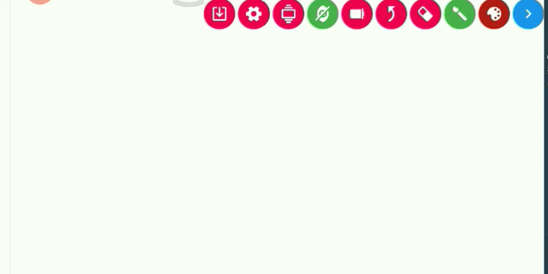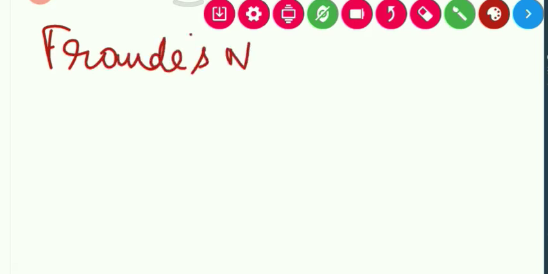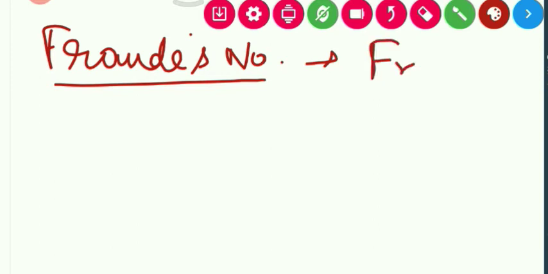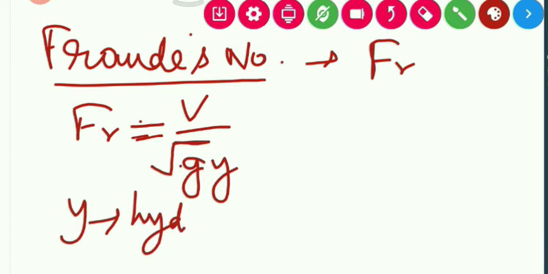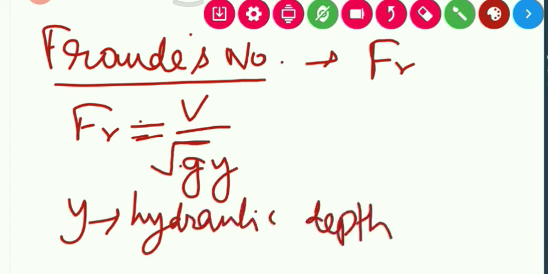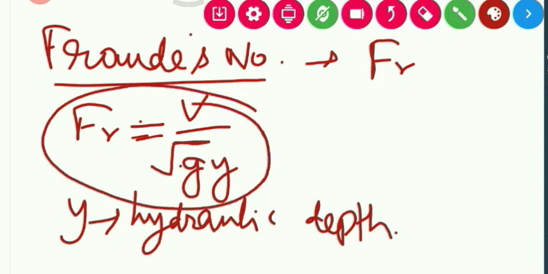There is a term which is to be introduced as Froude's number. We have already seen what Froude's number is. Froude's number is denoted by Fr, and Fr is V by under root g into y, where y is hydraulic depth and V is velocity of the flow.